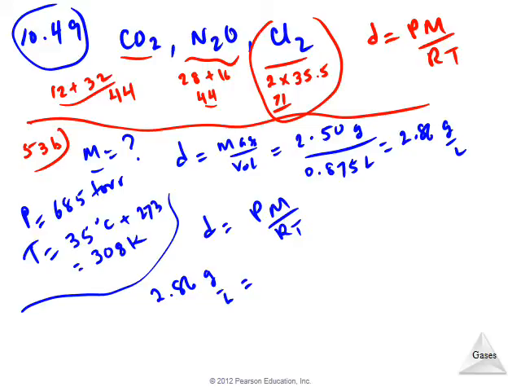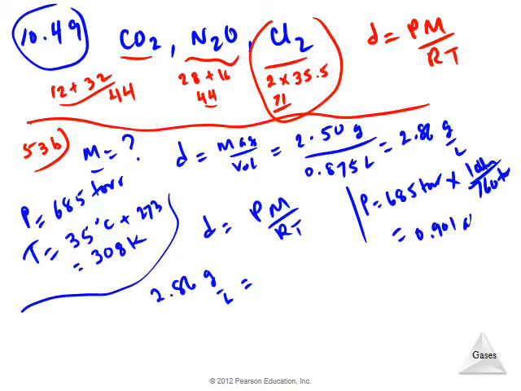So let's change 685 torr to atmosphere. 760 torr makes 1 atmosphere. And this gives you 0.901 atmosphere.